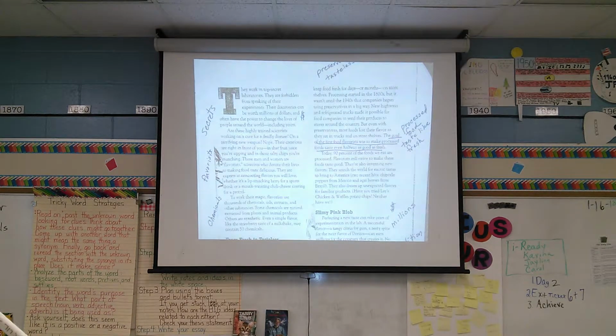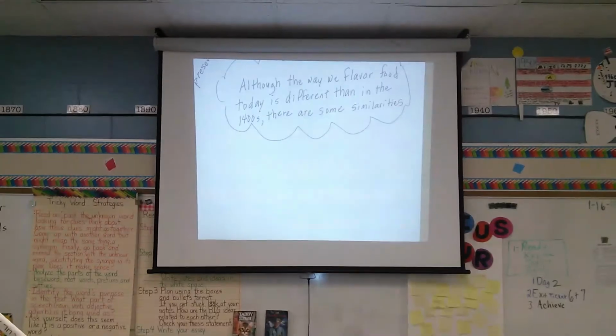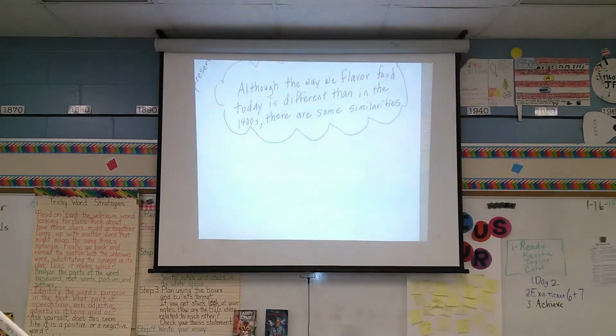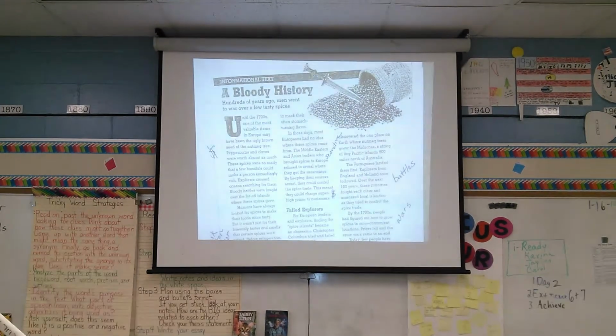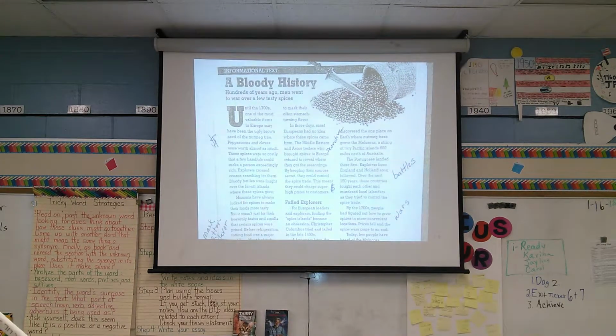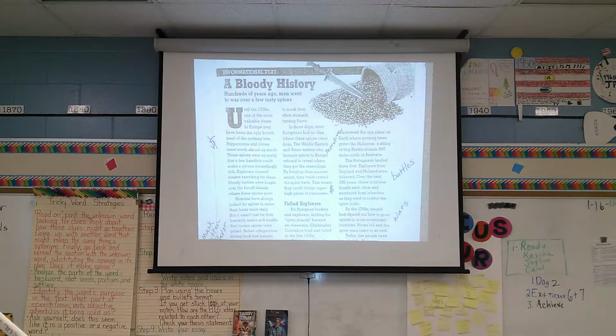Now, in the second article, A Bloody History, it talks about how where the spices were growing was a secret. That the traders and the merchants who discovered where these spices could be found, were grown, kept it a secret.